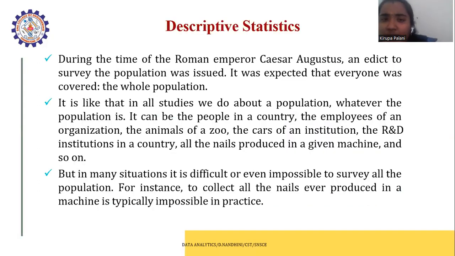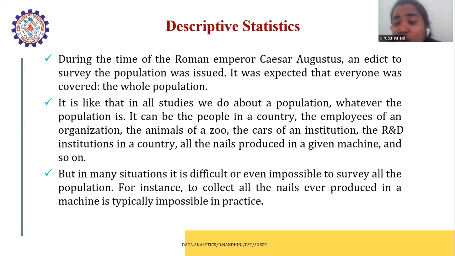In the olden days, we mainly used descriptive analysis for studies about the population of countries, employees working in an organization, animals in zoos, and research institutions in a country.